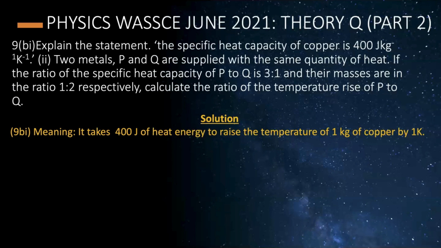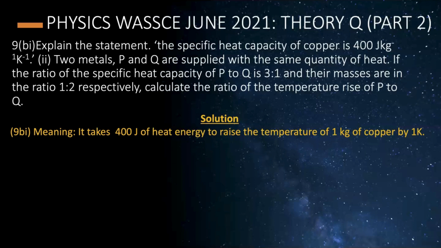If the ratio of the specific heat capacity of P to Q is 3:1 and their masses are in the ratio 1:2 respectively, calculate the ratio of the temperature rise of P to Q. Now, this question is talking about two metals named P and Q. They were supplied the same amount of energy. Now, you need to pay attention to that because when you are solving this question, you could use that information.